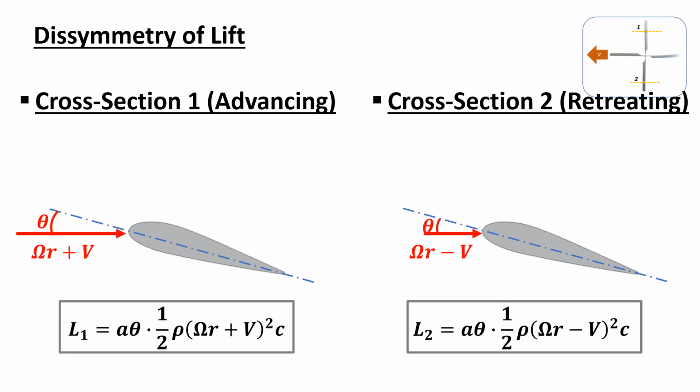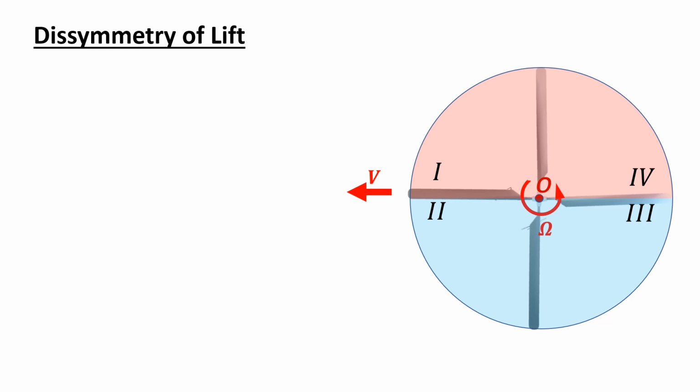Now we can calculate the lift for each airfoil. And it's really obvious that L1 is larger than L2 because it has a larger relative velocity and it's an advancing blade. So now we can introduce the idea of dissymmetry of lift.